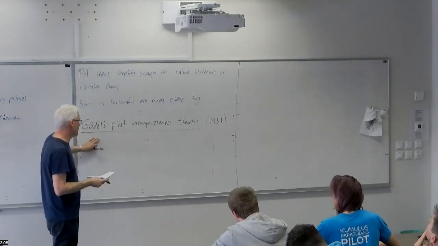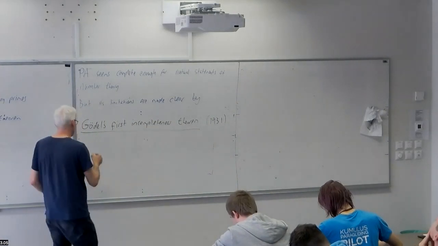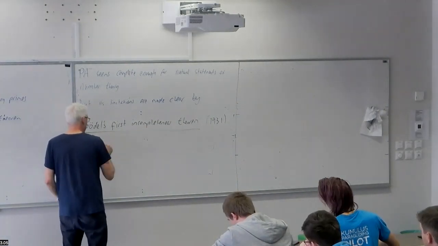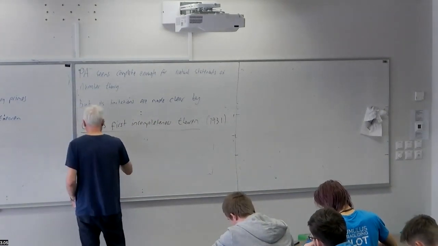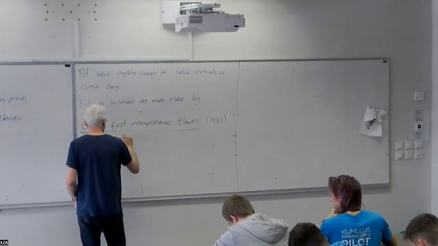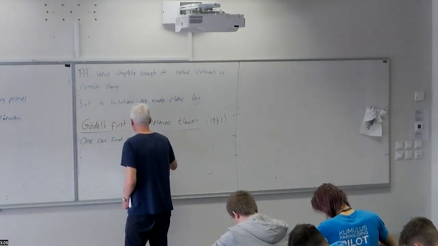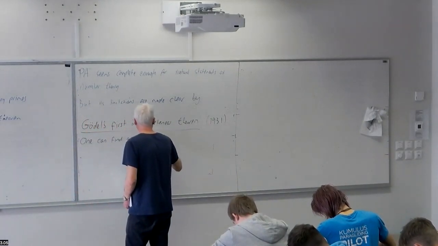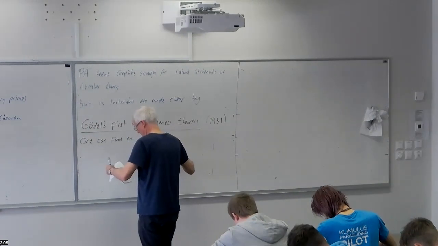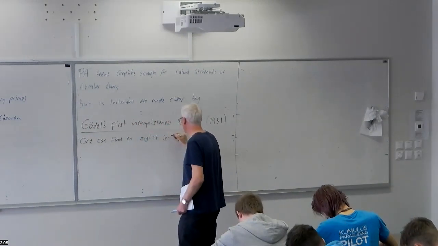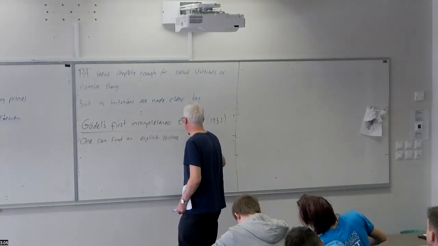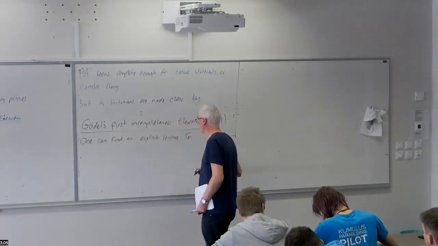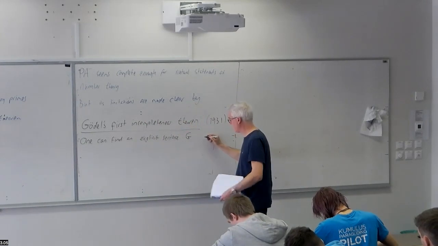Gödel's first incompleteness theorem is that one can exhibit, meaning you can come up with an explicit sentence G in the language of arithmetic.